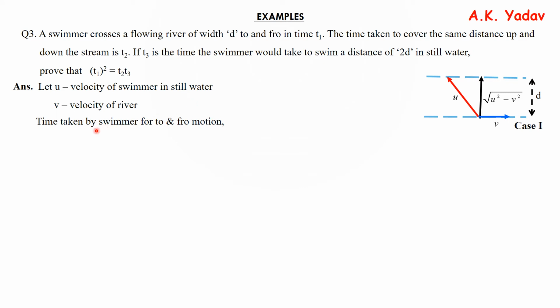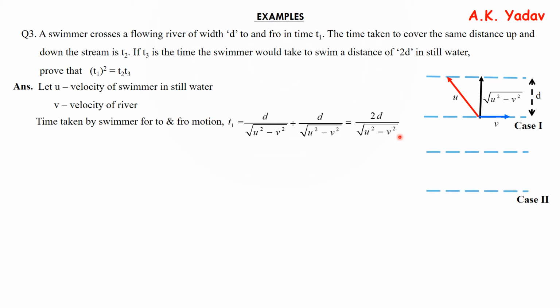So the time taken by the swimmer for to and fro motion, t1, is equal to the time taken for to motion plus the time taken for fro motion, that is d upon under root of u square minus v square for to motion, plus d upon under root of u square minus v square for fro motion. So we get t1 equals 2d upon under root of u square minus v square.